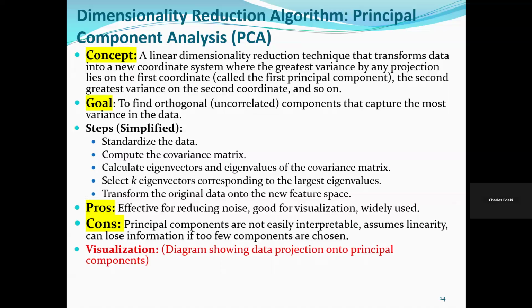Normally this matrix shows the relationship, the covariance, between all pairs of the features. Then that leads us to finding the eigenvectors and eigenvalues, which is the third step. So first we standardize the data, then we compute the covariance matrix, then we calculate the eigenvectors and eigenvalues.